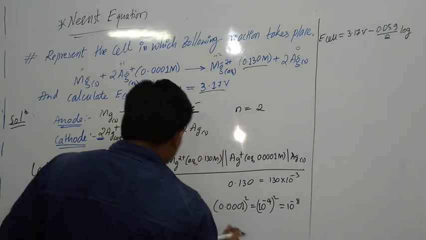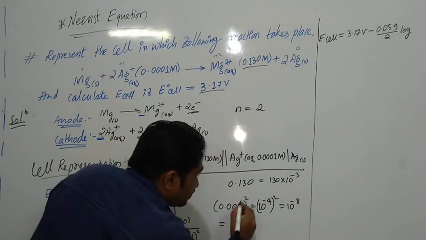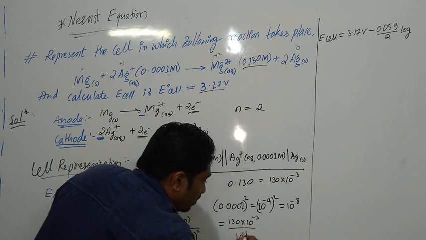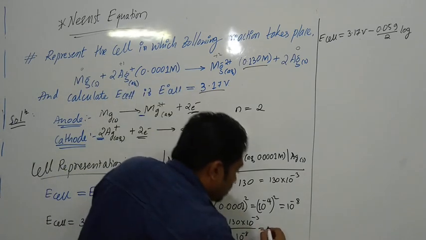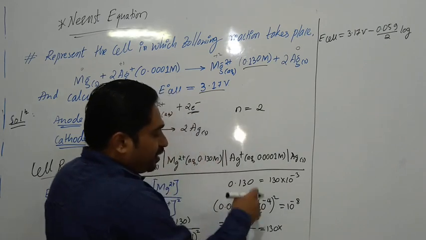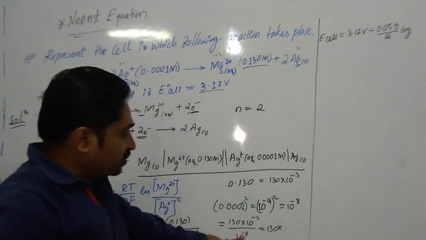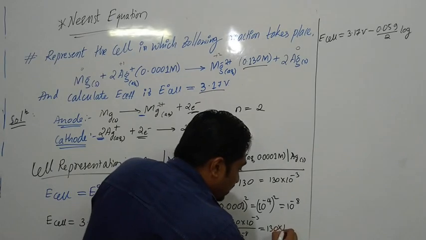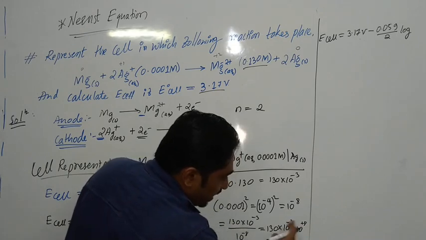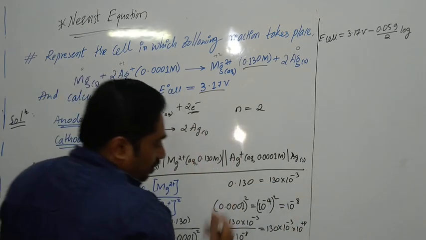And further simplify this. 130 into 10 to the power minus 3 divided by 10 to the power minus 8. If minus 8 comes to the numerator, the minus becomes plus: 10 to the power minus 3 into 10 to the power plus 8. If the bases are same, we can add their powers.